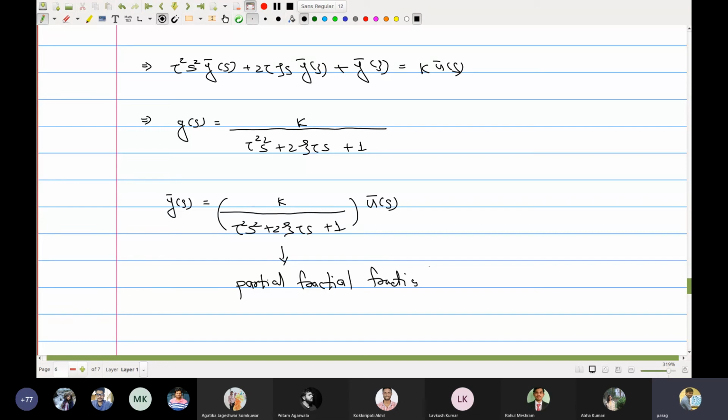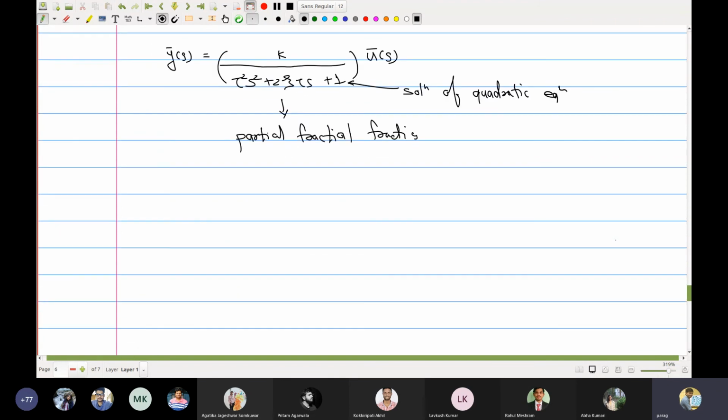Then you will find that, depending upon the solutions of this quadratic equation, you will either get an asymptotic response or you may get an oscillatory response.